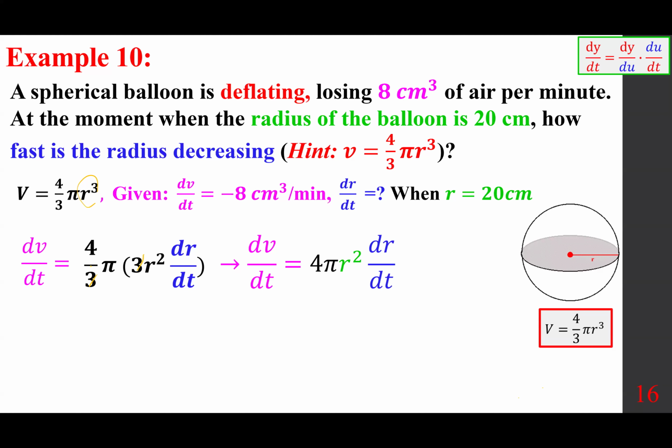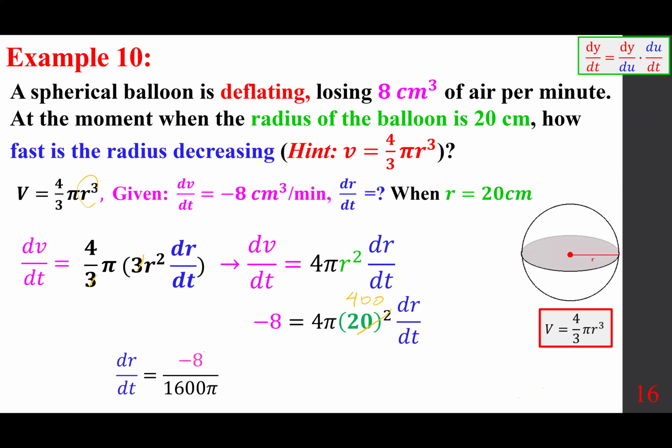Just plug in. You have dV/dt as -8 and r as 20. When you square the 20, you get 400 times 4 is 1600. So the right side is 1600 pi. We are going to divide both sides by 1600 pi to get dr/dt.